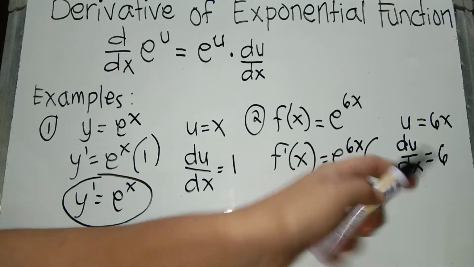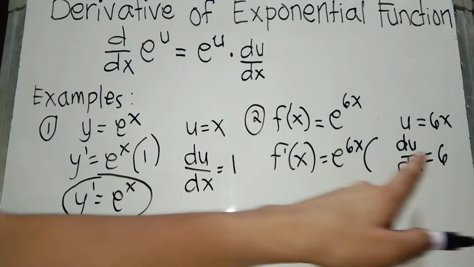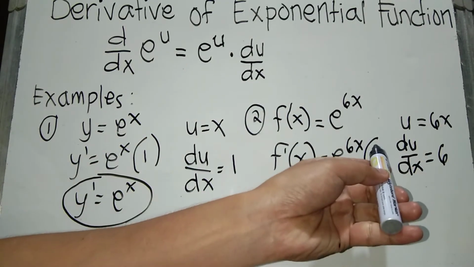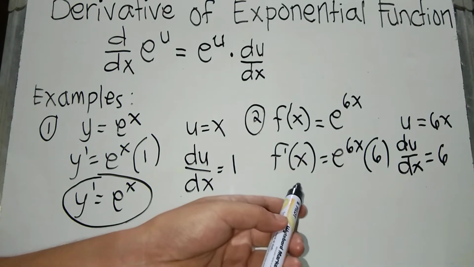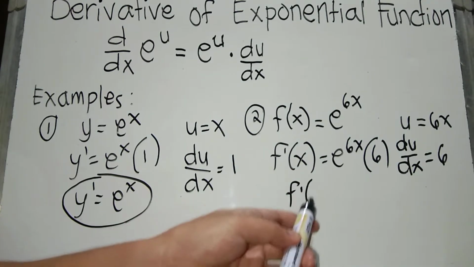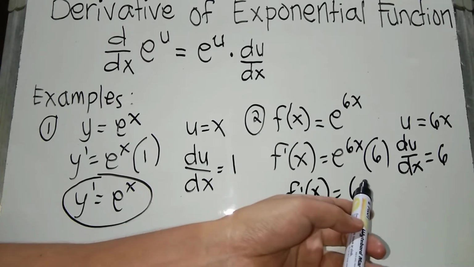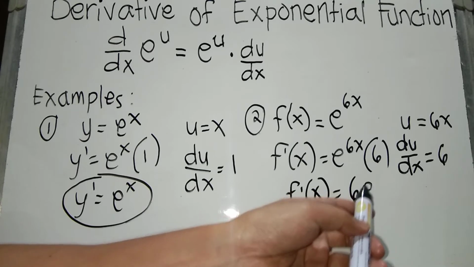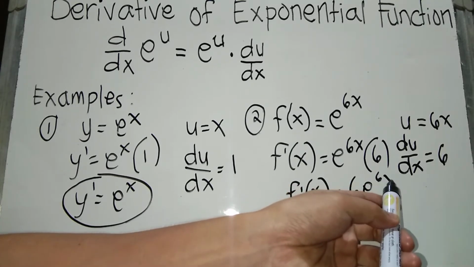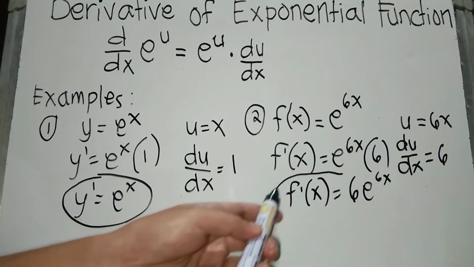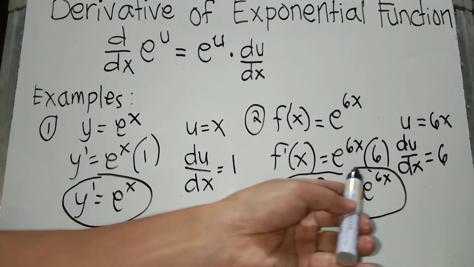And then after copying that, you have to multiply with the derivative of your u, which is 6. At this point, if you will try to simplify, you can write 6 first, the constant, followed by e to the 6x. This is now your derivative.